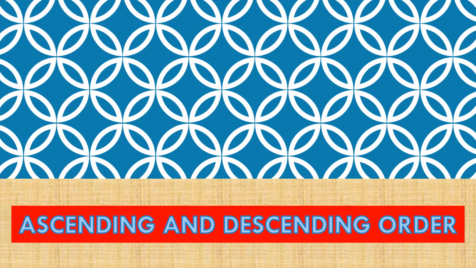Here we first write the biggest number and then gradually go to the smaller ones, and the smallest is written at the end. I hope the concept of ascending and descending is clear. We will practice it with lots of numbers in our maths class.